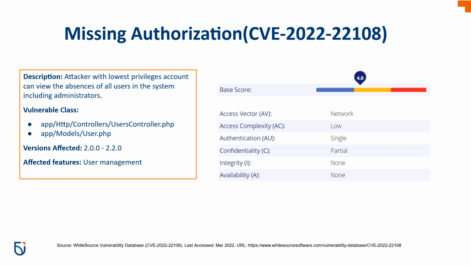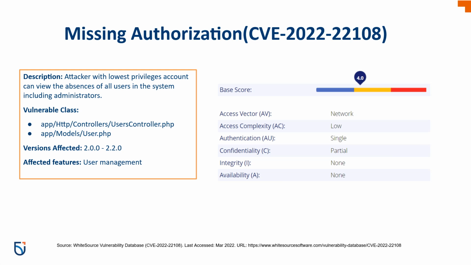The next vulnerability is kind of similar to the previous one. Here an attacker with the lowest privilege account, for example a user, can view the absences of all the users in the system, including the administrator, even though they were not allowed to do so. So the vulnerable class here is UserController under the controllers package and User under the model.